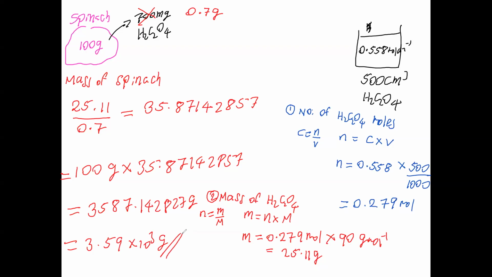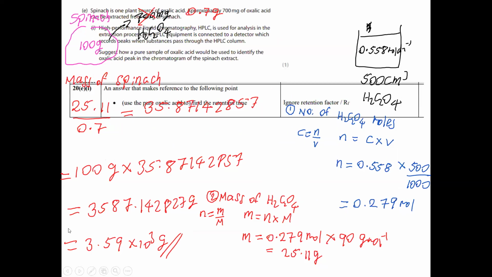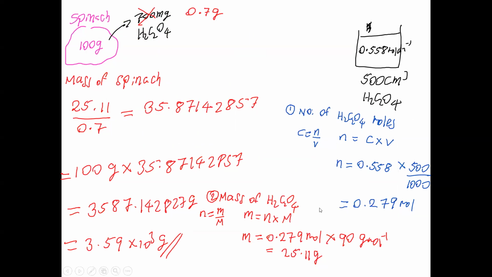That's how we get the answer. So we are expecting 3.59 into 10 to the power 3 grams, which is 3590. Yes, that's our answer. That's what they are expecting us to find.